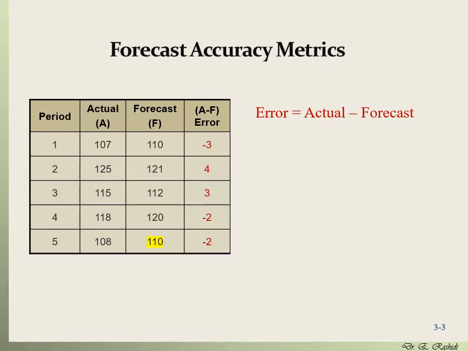Based on these two ideas, the popular accuracy metrics that we're going to talk about use a similar idea. They either use the absolute error or they use the square. So let's see what they are.